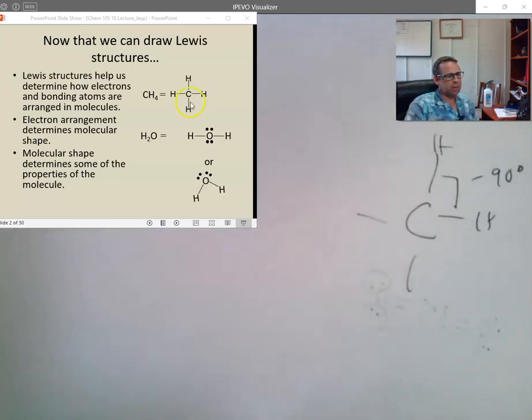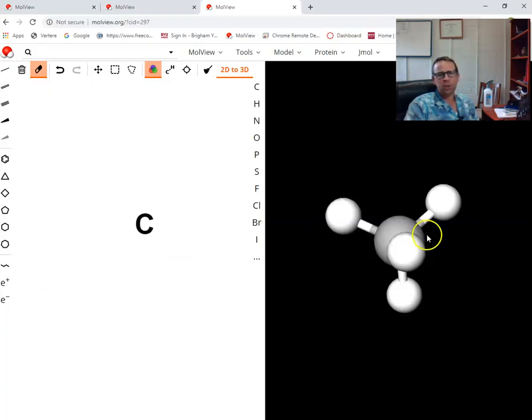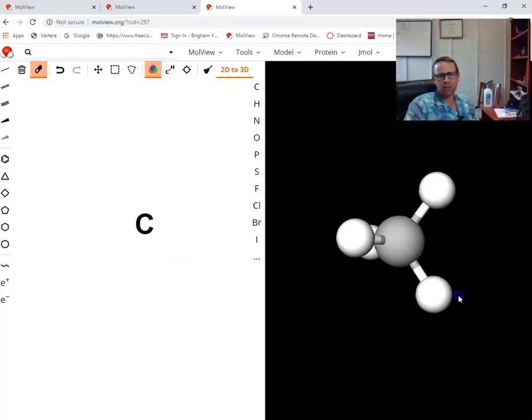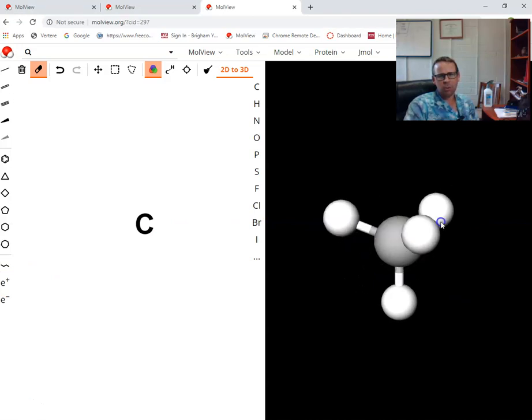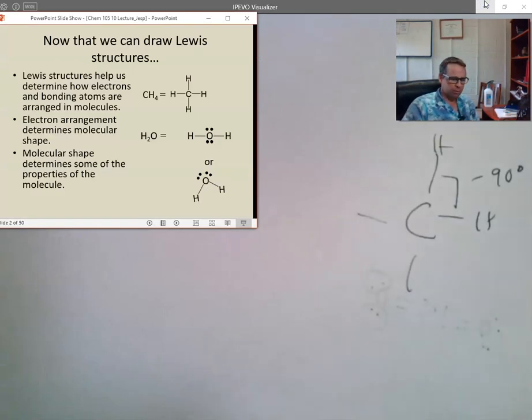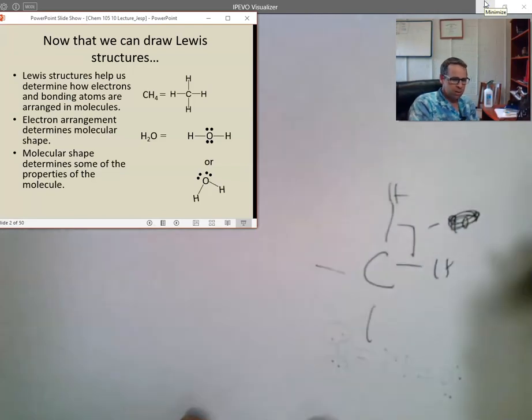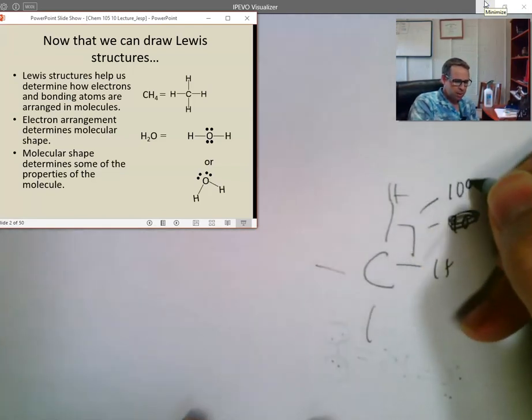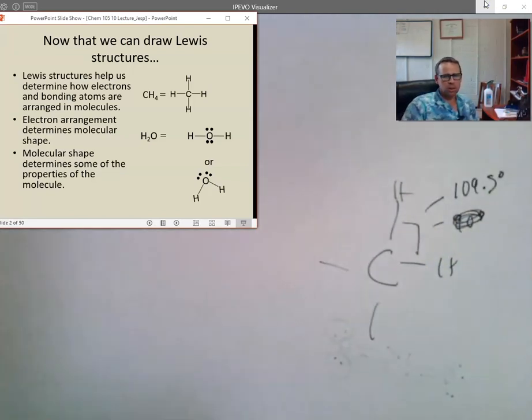Well, we have to recognize that when we're dealing with 3 dimensions, it would actually look like this, right? The carbon with 4 hydrogens around it would actually find themselves at this angle, and that angle is 109.5. So this angle here is not 90, it's 109.5 degrees, and that's not an intuitive angle.